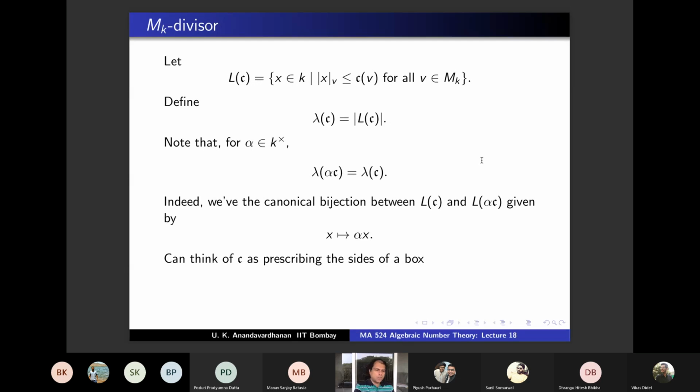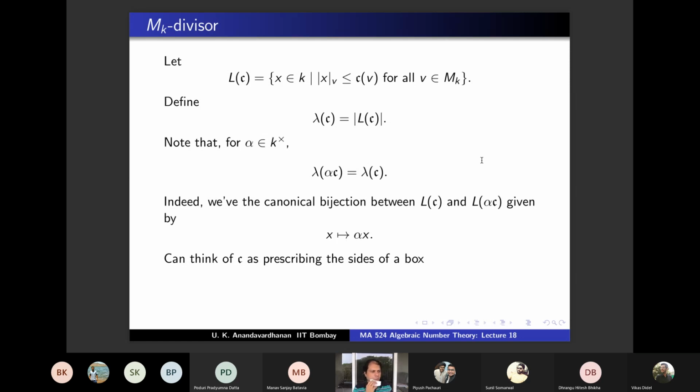Now this is a picture to keep in mind. An MK divisor C, you should think of it as an infinite cube. So C is an infinite cube parameterized by absolute values.